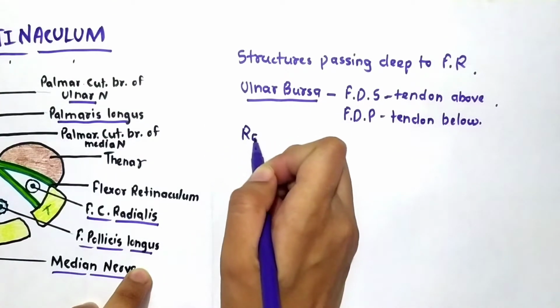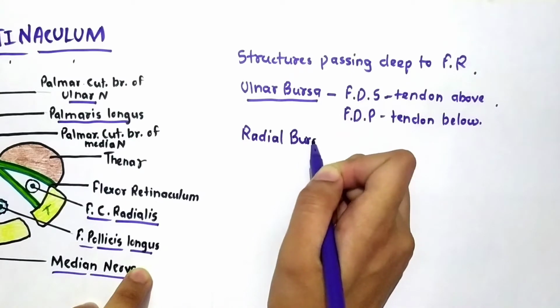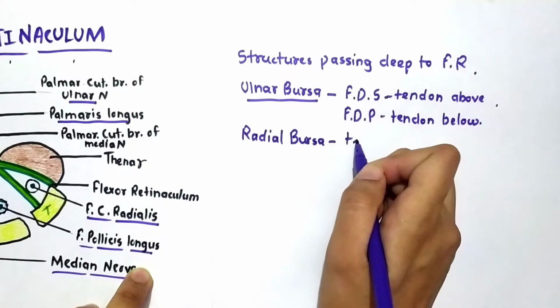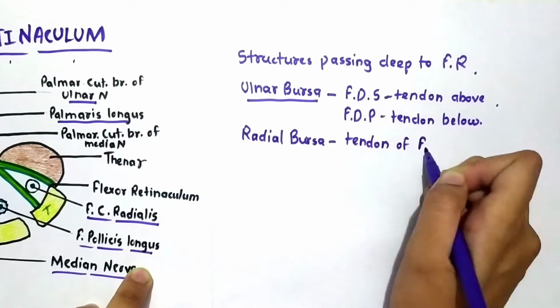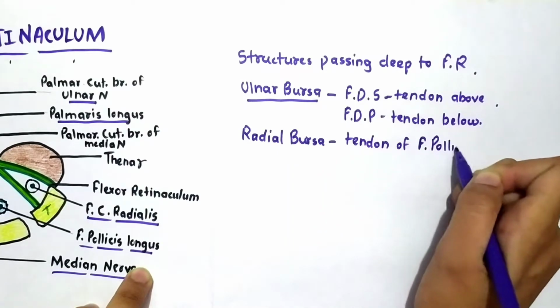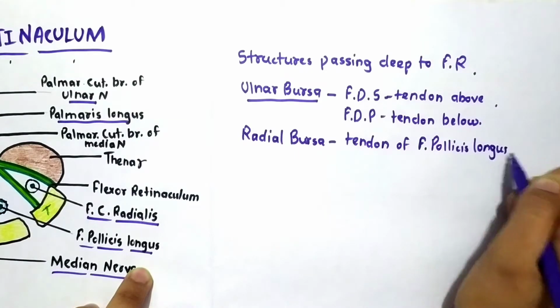Now the radial bursa, which covers the tendon of the flexor pollicis longus muscle.